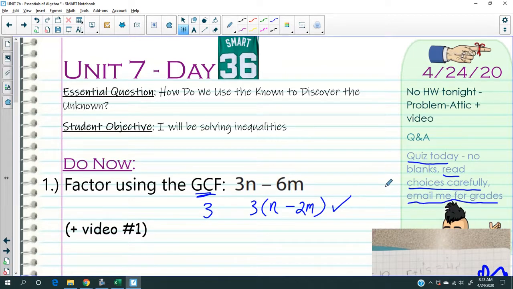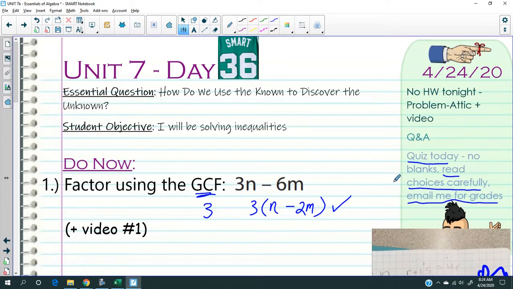And I think you've seen the homework from yesterday, where at the end of the homework it tells you what your grade is. But I can't do the same thing for quizzes for obvious reasons. So yeah, email me for the grades. If there is anything else I need to say, let's say you got a 40 on the quiz, I'm gonna point out to you what you need to work on.